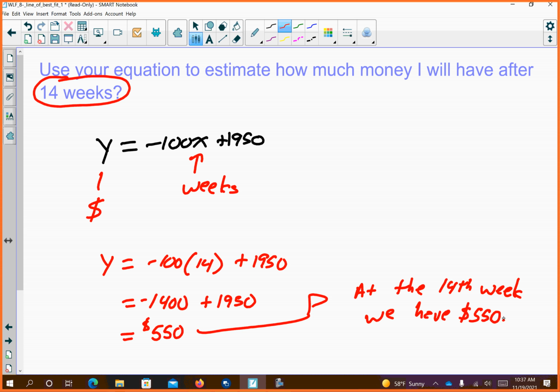Again, it's extrapolation because it's outside of our data set. If we're predicting something inside our data, from 2 to 12 weeks, that's called interpolation. It's inside of our data set.